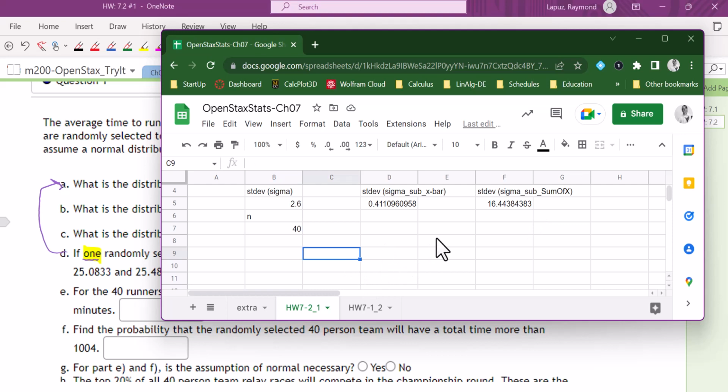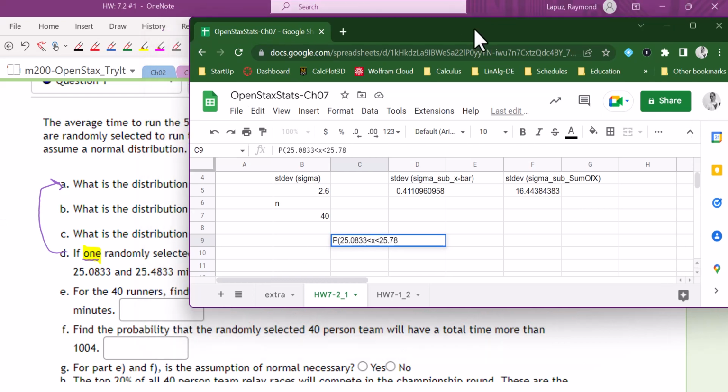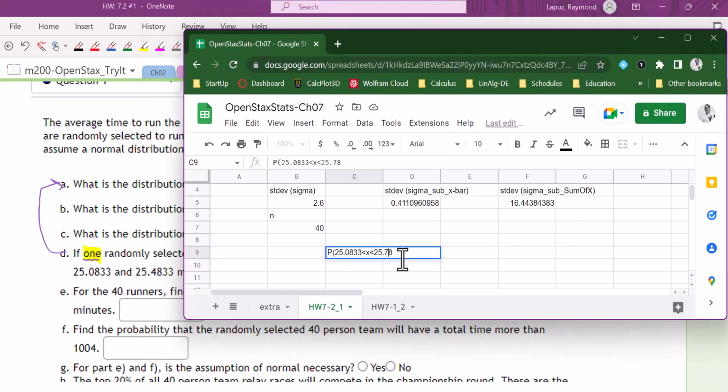In notation, this is our probability that we're between 25.0833 less than x less than 25.4833. So that's the notation that we want to put on, and then let's find the value.